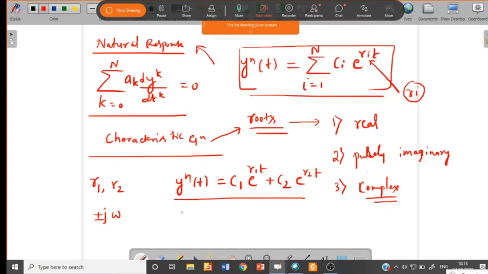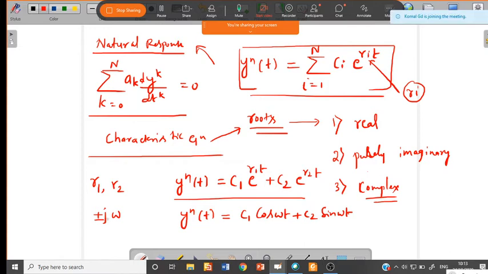then your natural response will be in the form of cos and sin, that is c1 into cos omega t plus c2 into sin omega t. So this is the solution if the roots are imaginary.